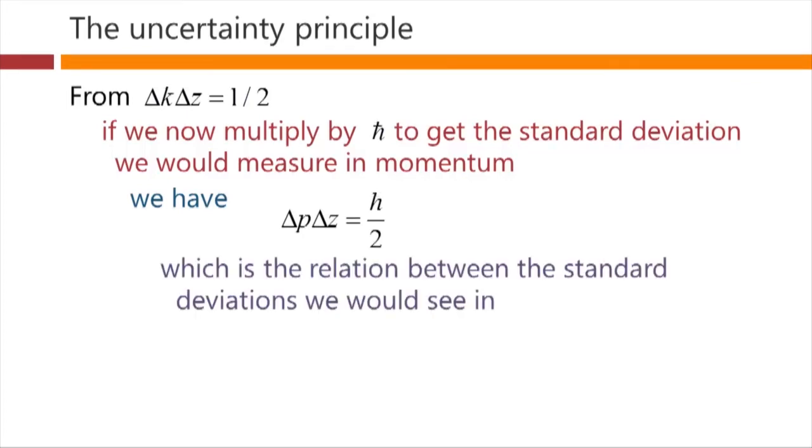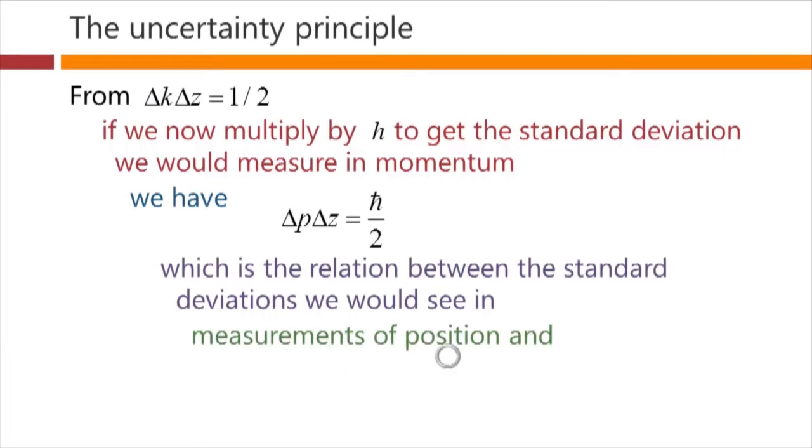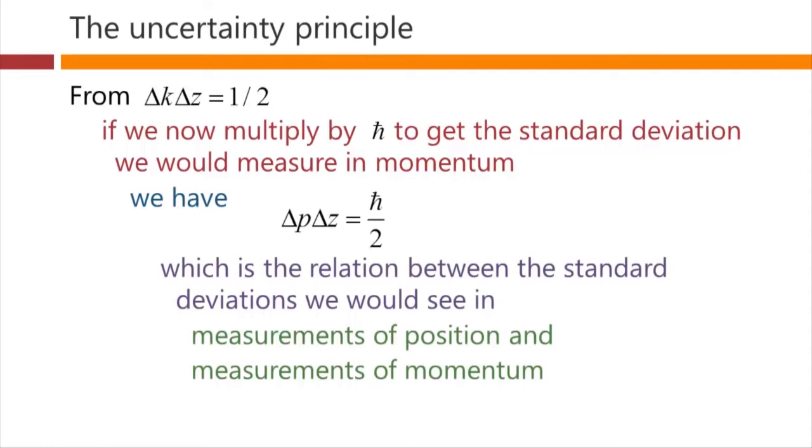And what this is for our Gaussian wave packet, this is the relation between the standard deviations that we would see in measurements of position, so the statistical variability of our measurement of position, and our measurements of momentum. We measure position, we get some variation in the answers we get statistically.